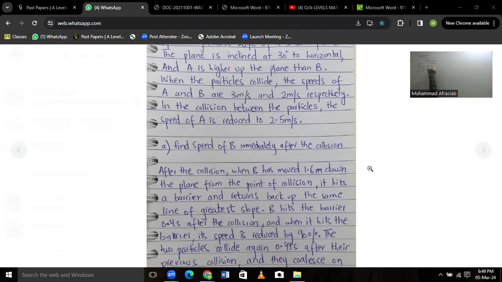After the collision, A's speed is 2.5 meters per second, and we are going to calculate v2 for B.